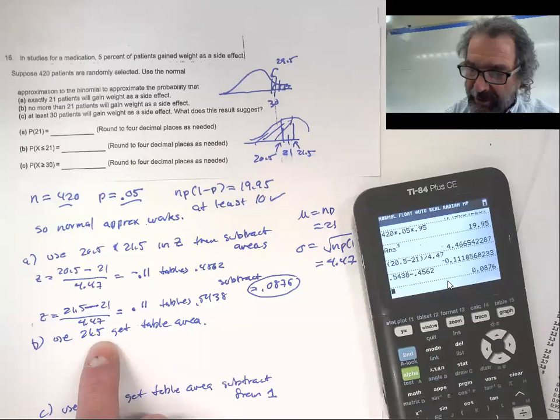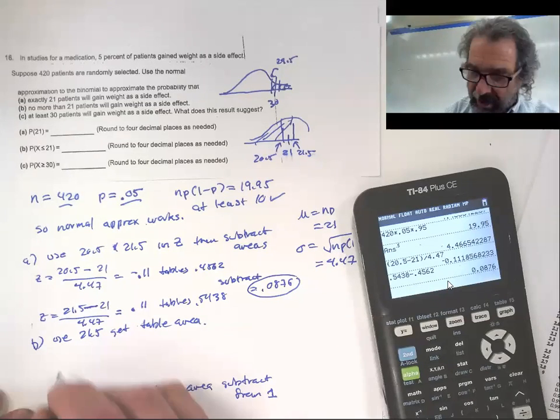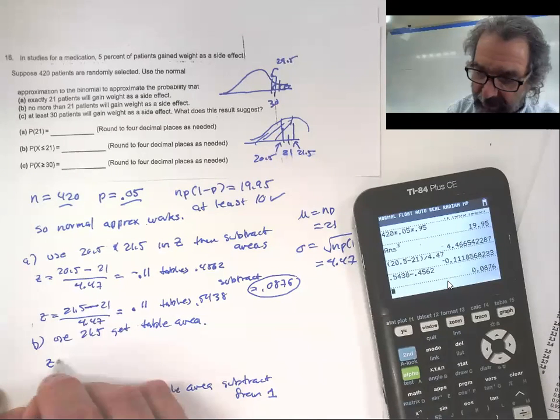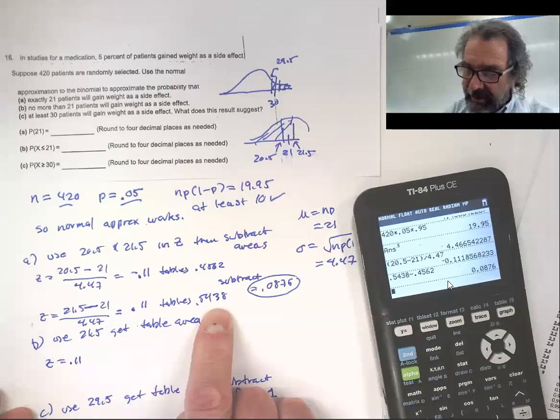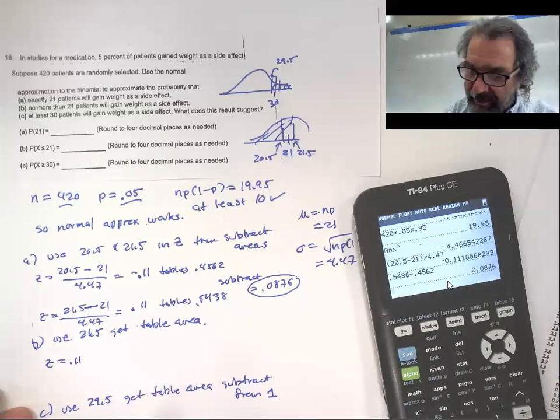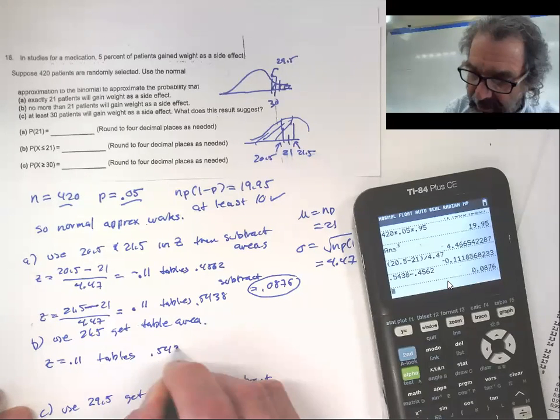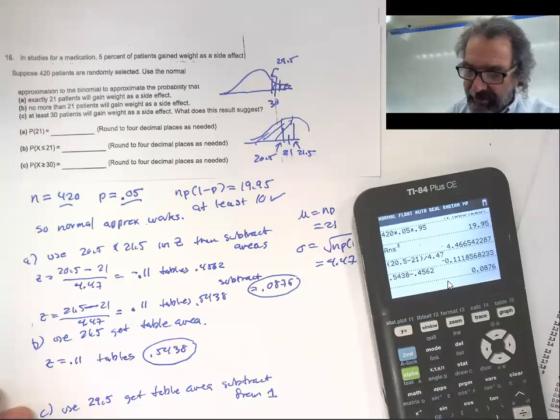So what's the chance 21 or fewer patients had the side effect? So now we compute Z for 21.5. We got it here. And then the table area is the answer because it says fewer than. 0.5438. So now that's the answer already. We already did some of the work.